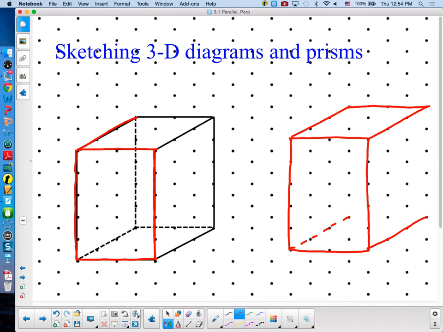It's going to make another rectangle for the back. Straight across, straight down, dashing it as I go straight across, and dashing as I go straight up to make the prism. Show your neighbor. Does it look like a box?